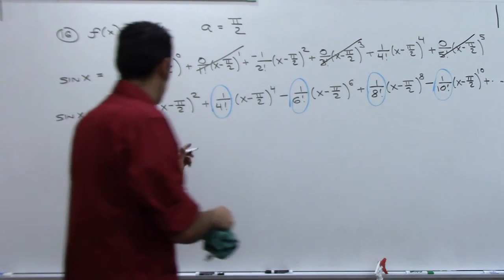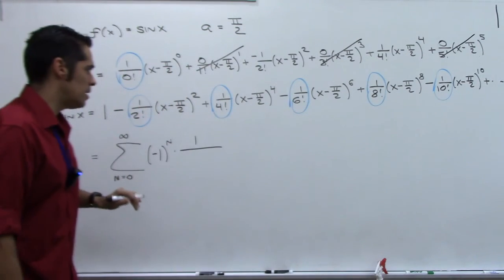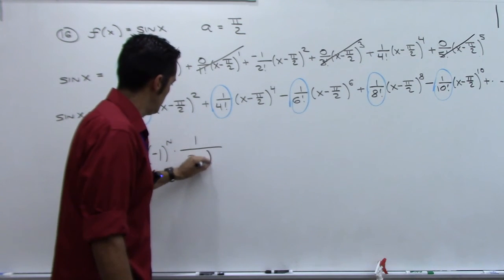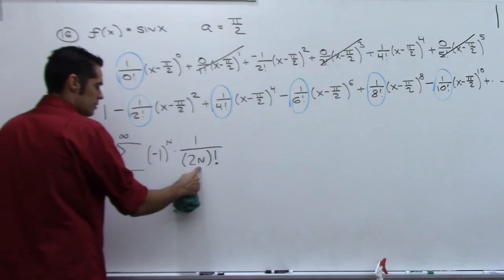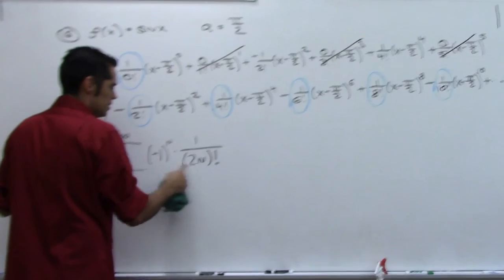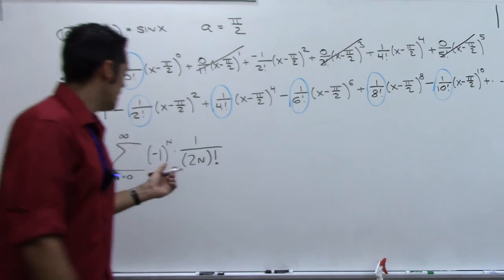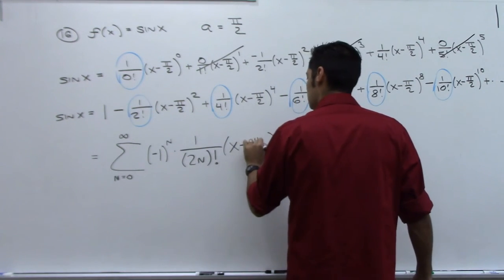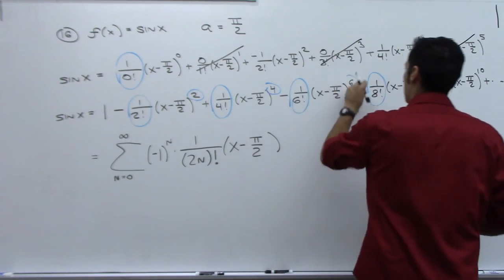In fact, this first one right here is 1 over 0 factorial. So I'm going to put 1 over, and now I need just even numbers, but I need to start at 0. So how about 2n factorial? Now if I plug in 0, I get 0. When I plug in 1, I get 2. When I plug in 2, I get 4, then 6, 8, and so on. So that should take care of that blue part. And then out here, it's the x minus pi over 2, and those are all also just even powers.